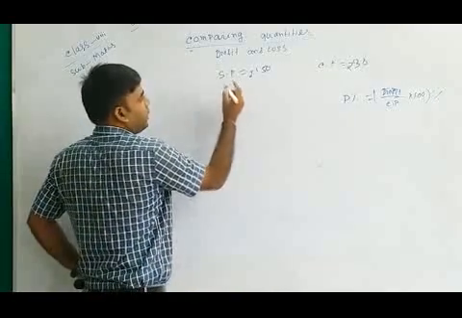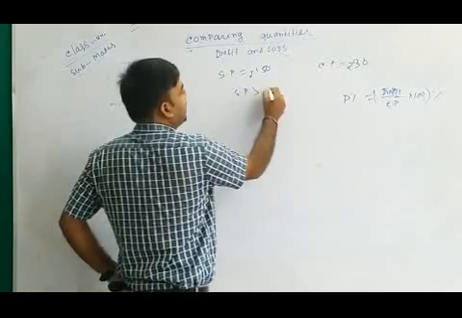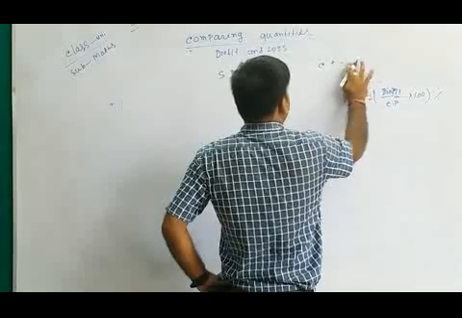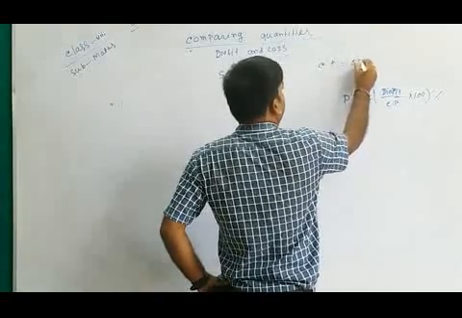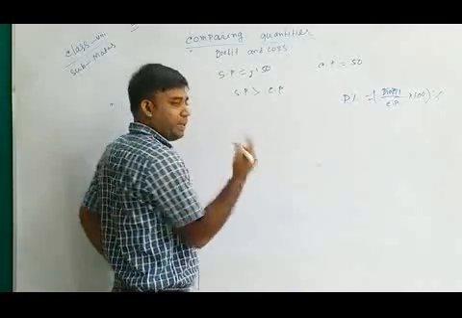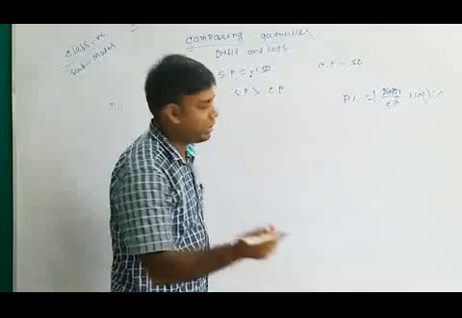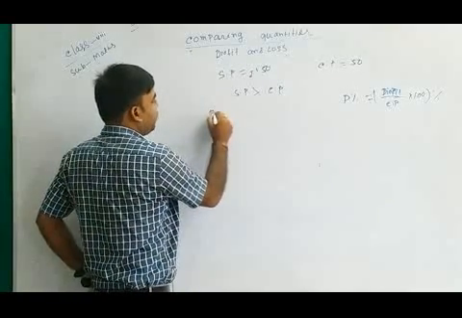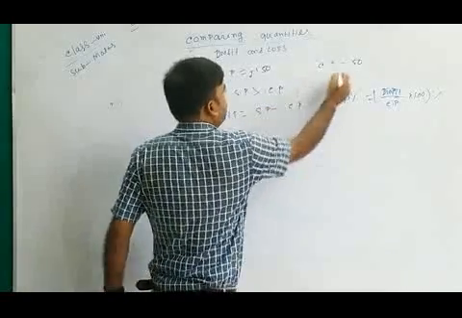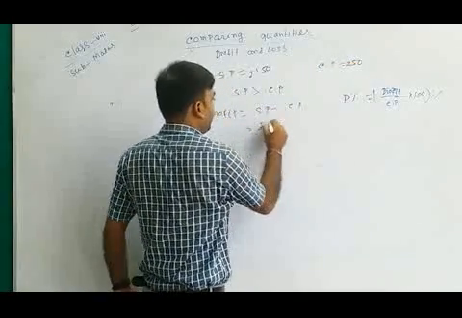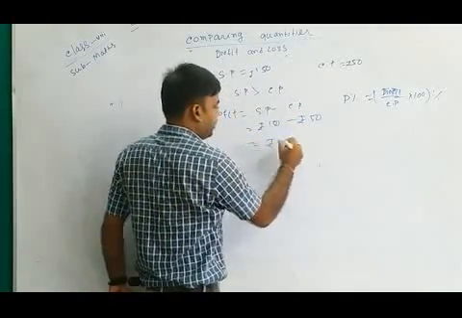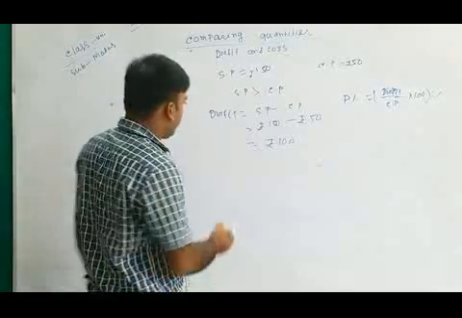First of all, SP is greater than CP, so we gain some profit. Profit equals SP minus CP, that is 150 minus 50, so rupees 100.